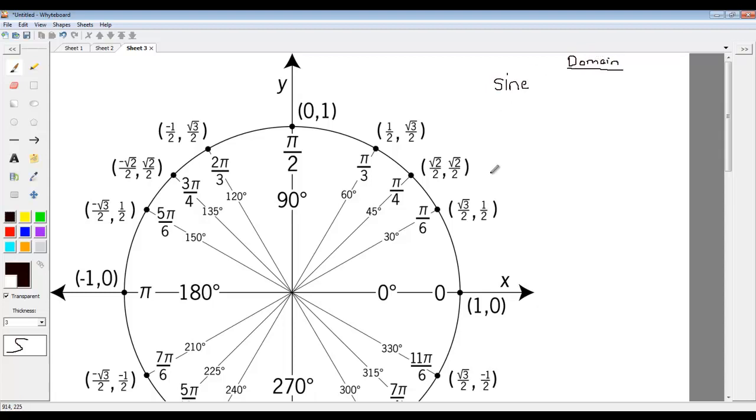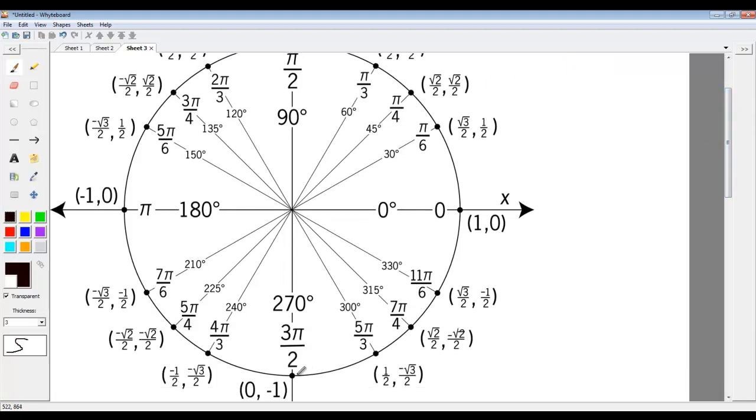Notice on the circle that sine is going to give you the y values. If you notice the y values in your circle, they go from 0 up to +1 or 0 down to -1. They don't go any lower than -1. They don't go any higher than +1 here.